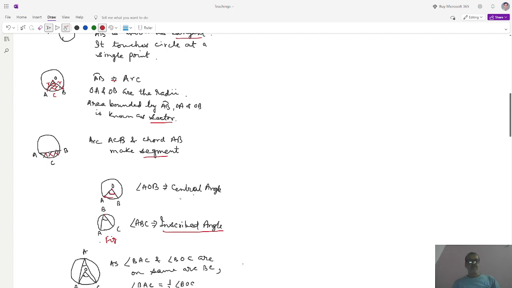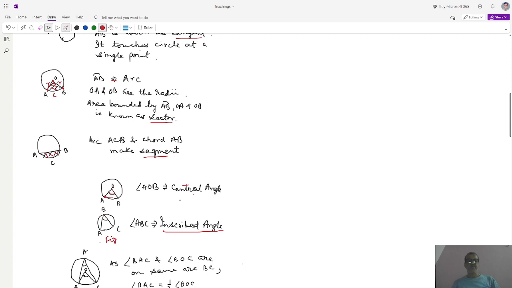Now I am telling you about the central angle and the inscribed angle. There are two terms, central angle and inscribed angle, closely related terms. You have to distinguish them.